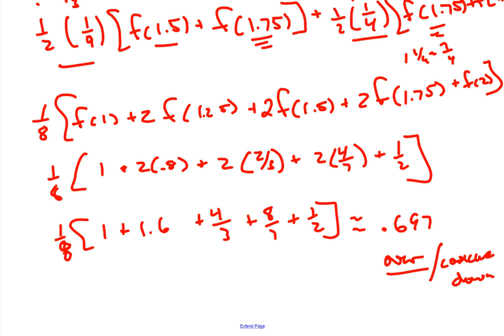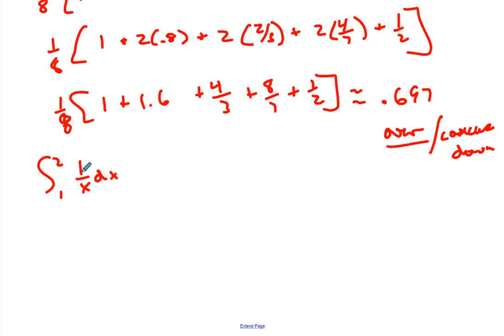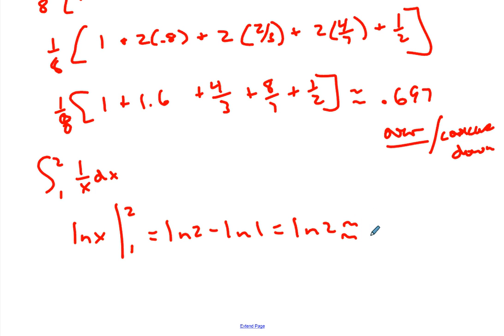If we find the integral from 1 to 2 of 1 over x dx, we know the antiderivative of 1 over x is the natural log of x, so we have natural log of 2 minus the natural log of 1, which is 0, and so our answer is natural log of 2. The natural log of 2 is approximately 0.693, and you can see that, yes, this is still an overestimate of our actual value.